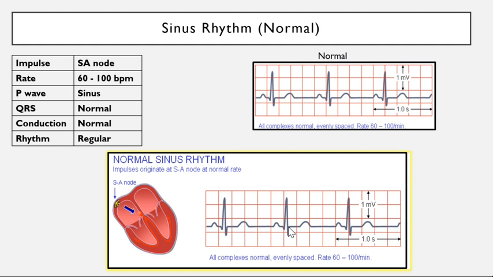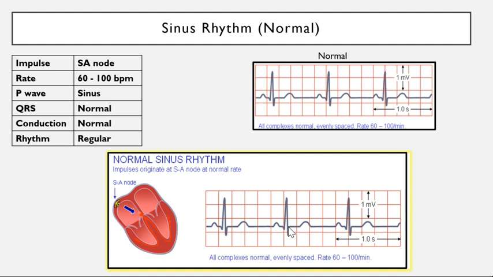I want y'all to know that range for sure, because the question will probably be, here's this EKG, calculate the heart rate, is this bradycardia or tachycardia? Unless you know how to calculate the heart rate, you don't know.